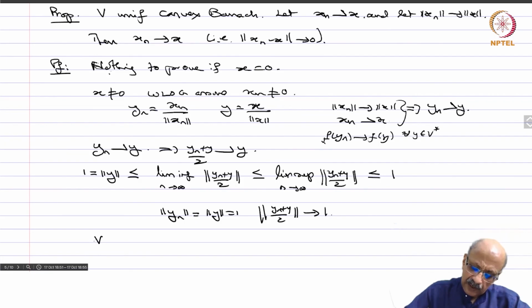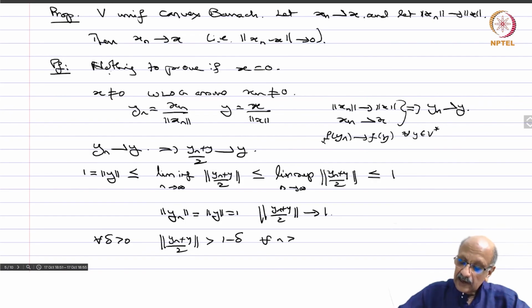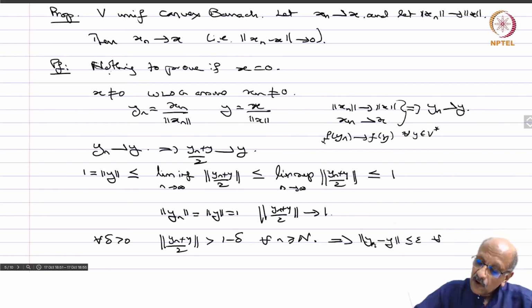That means for any delta positive, we have norm of yn plus y by 2 is bigger than 1 minus delta for all n greater than some capital N. But this means that norm of yn minus y has to be less than or equal to epsilon for all n greater than or equal to N.